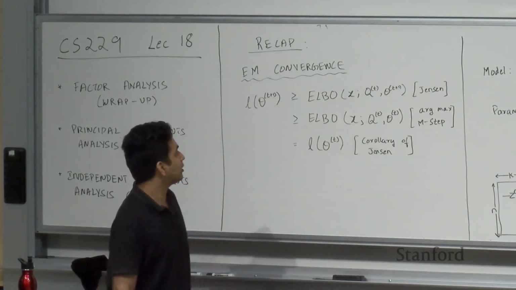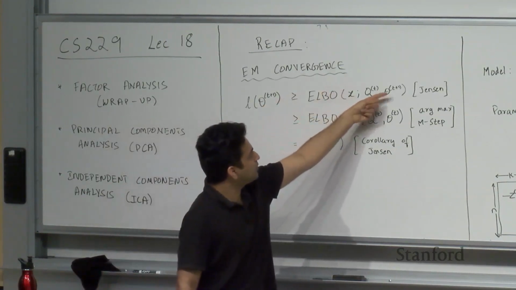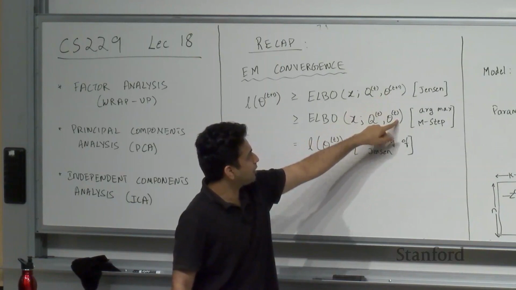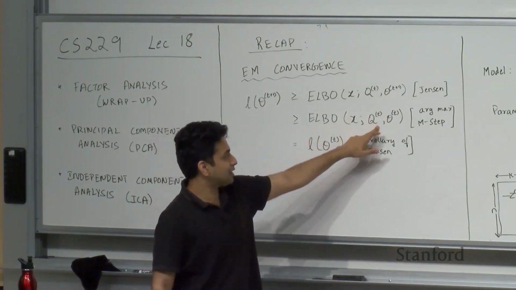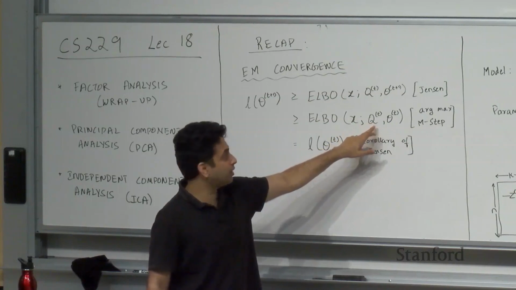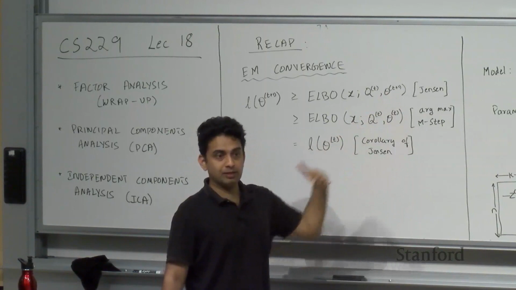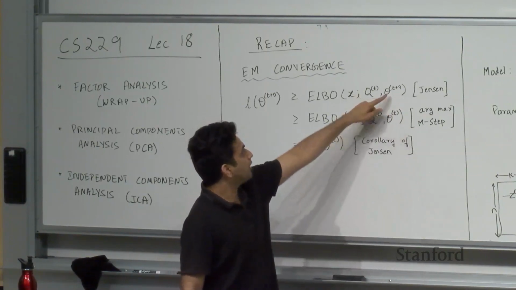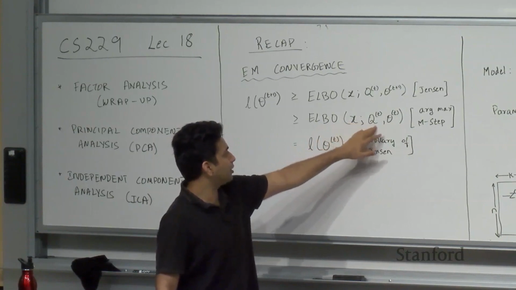That's Jensen's inequality. And then we saw what happened when we switch from theta t plus 1 to theta t, and this basically was the M step at time step t. At the M step of time step t, we optimized theta to obtain theta t plus 1 such that the ELBO was maximized. So theta t plus 1 is the maximizer of the ELBO at q t.